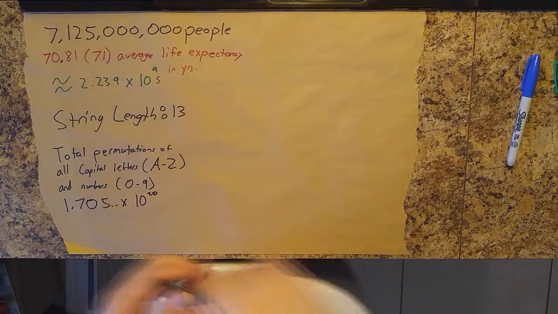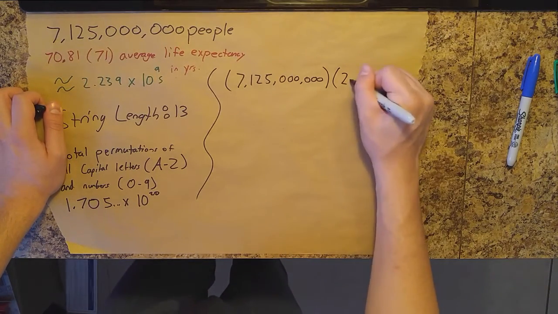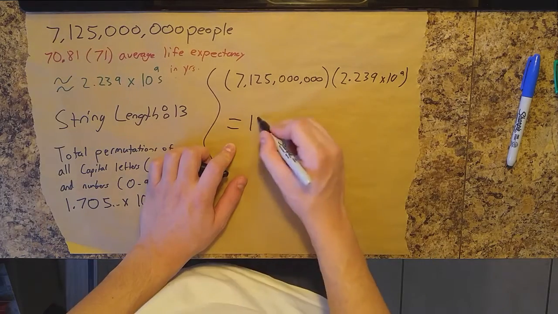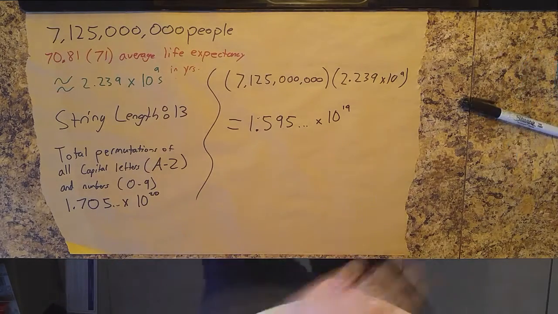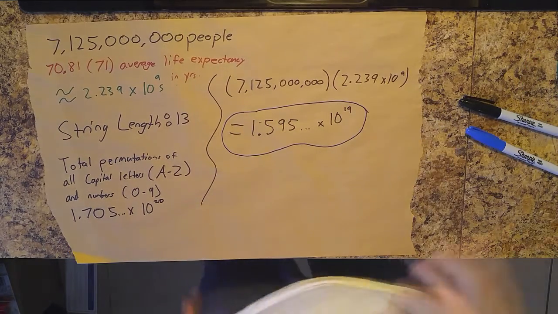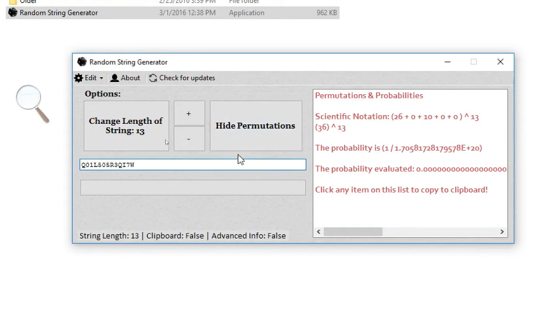So, if you do 7.125 billion people and multiply all their seconds that they're alive for, you're going to get 1.595 times 10 to the 19, and that just is below the total permutations of the string length 13. Yeah, so string length 13 is pretty crazy when it comes to real life applications and putting that number in perspective. Now what we want to do is keep playing this game.